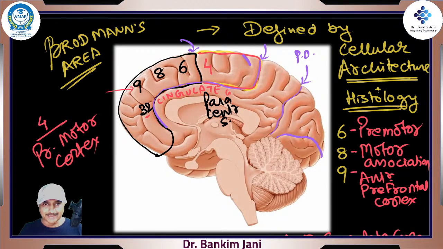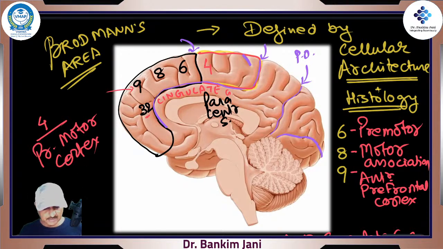Moving on to the next part. In between the paracentral sulcus and the central sulcus, there is the paracentral lobule.